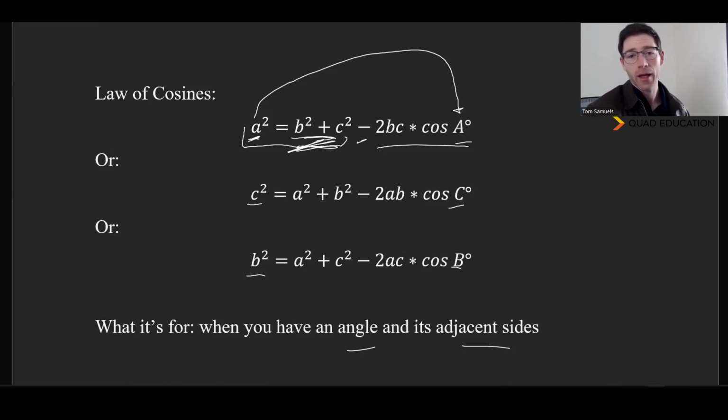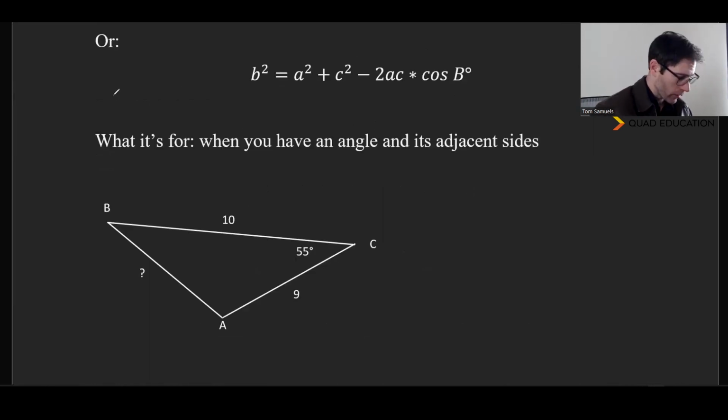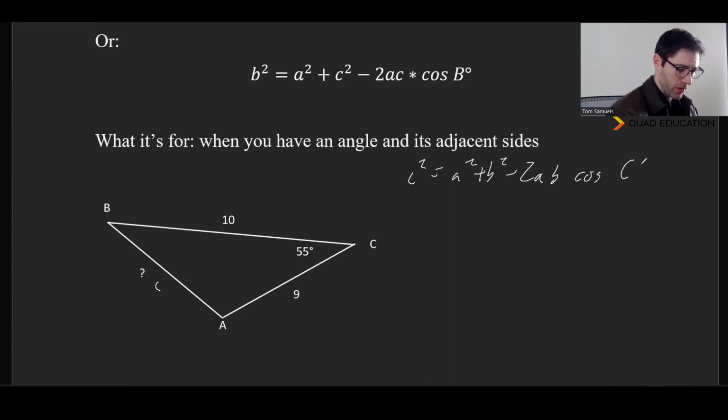So let's go ahead and solve an example. And so back to our previous triangle, I've just sort of moved some stuff around. And so in this case, we have c, and we like this right here. And so we're going to say c squared equals a squared plus b squared minus 2ab cosine of c degrees. So Pythagoras minus some stuff.